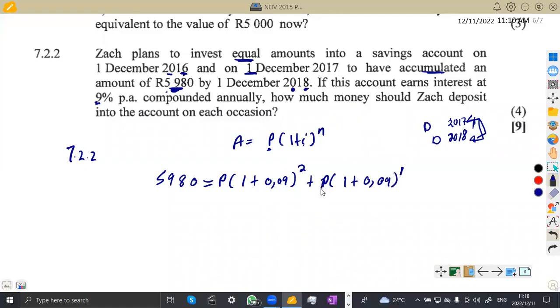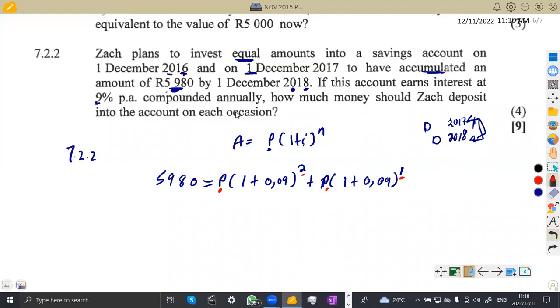Guys, please understand me here. There are two investments with the same amount of money. That is why I am leaving this as P. But the first investment is going to mature in 2 years, and the last investment is going to mature in 1 year. That's why we see this.